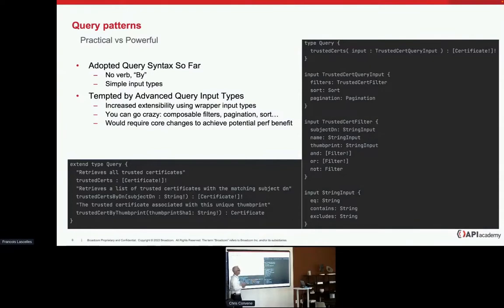We don't need sort and pagination right now, but maybe it would be nice to have filters instead of having three different queries by this, by this, by that. There's a filter, and then I can put these input parameters. So adding this wrapper input type is something that we think is going to help us over time when we evolve the API.